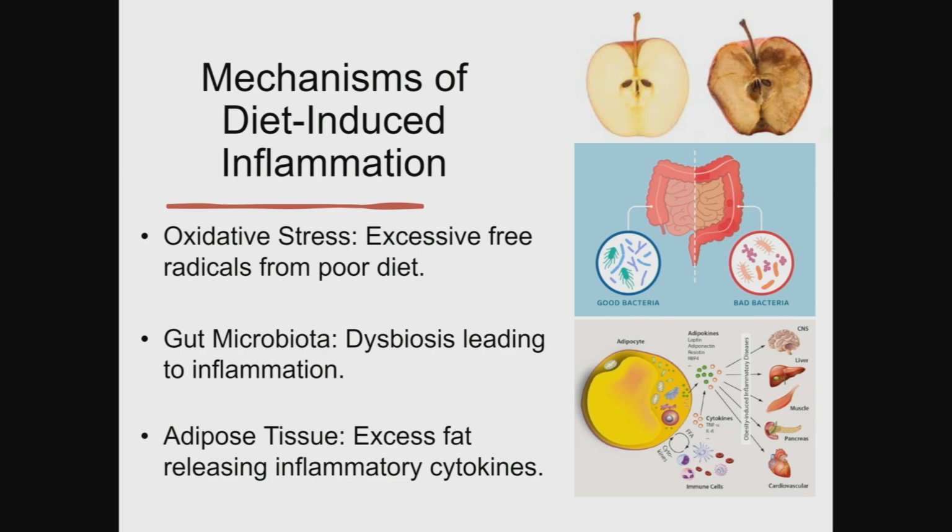When we have too much adipose tissue, it can increase something called cytokines, which are inflammatory signals inside of our bodies. And when we eat too much, then we have more adipose tissue inside of our body. So how we eat influences each of these different areas.